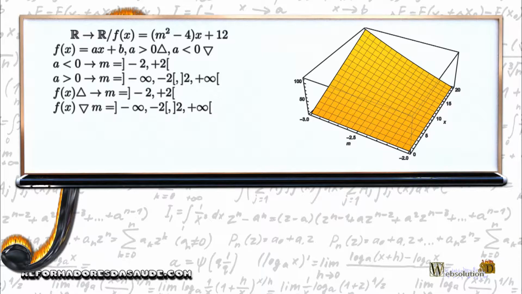In this case this function is increasing even with a negative increase, because by replacing the m with the negative number minus 2 the equation will look like this. m squared minus 4 equals minus 2 squared minus 4, that equals 0, then minus 2 squared is equal to 4, which is a positive number, so 4 minus 4 equals 0.